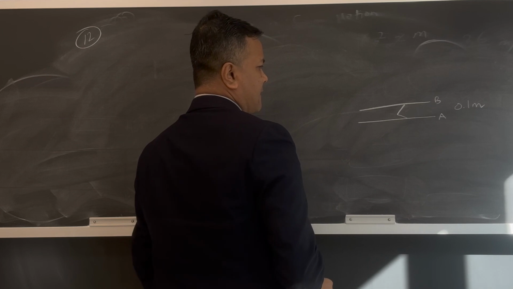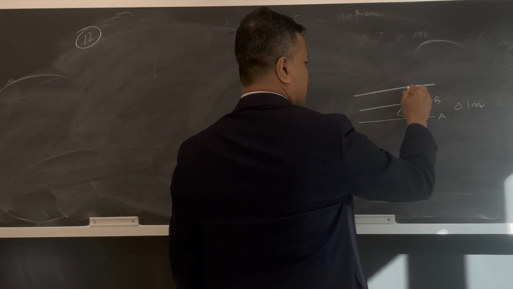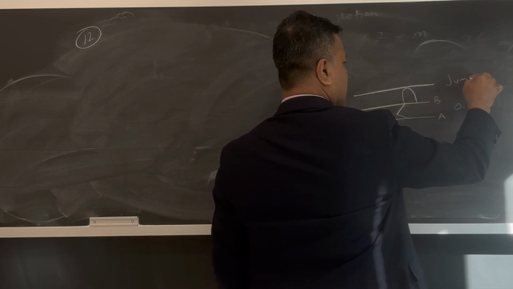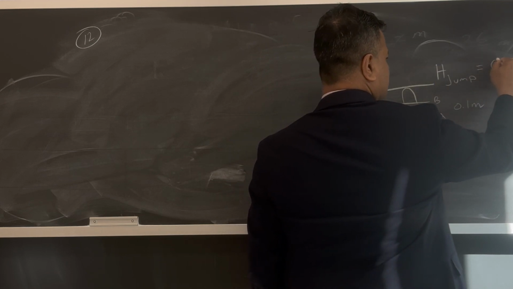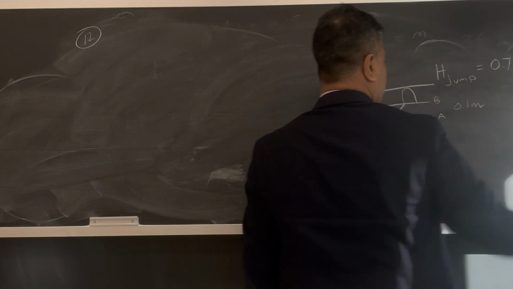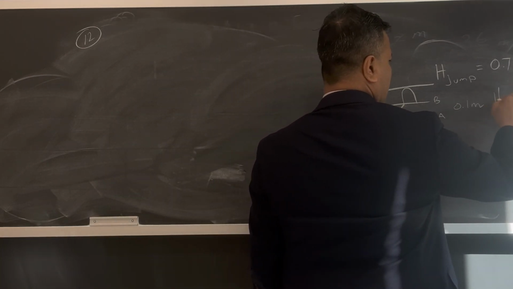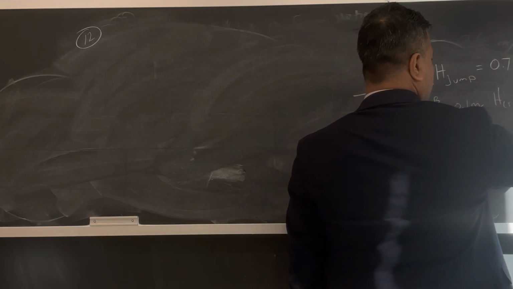And from B to C, this is your jump height. Jump height is, let's say, 0.7 meters, and crouch height is 0.1 meters.